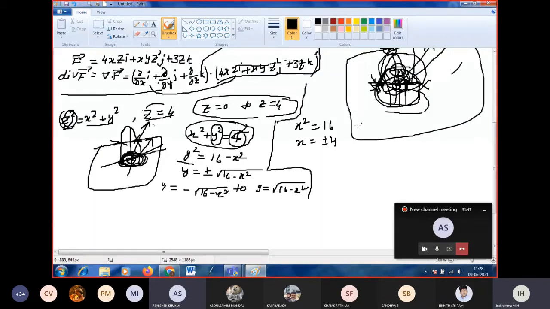Limit varies from minus 4 to plus 4. If we substitute this in the y value, minus root of 16 minus x square, we get y value as 0. So the limit does not vary; it's constant.